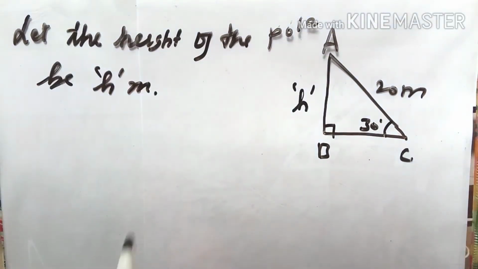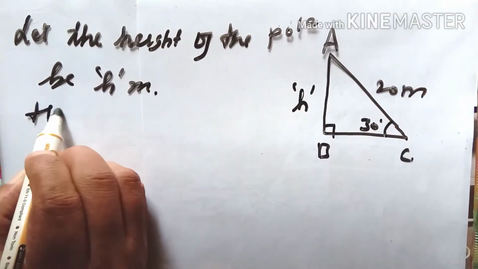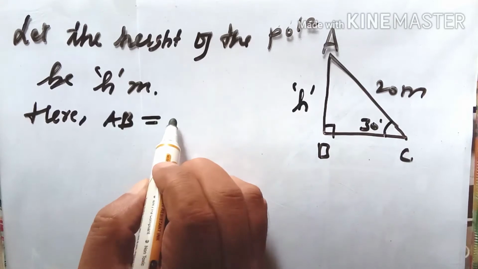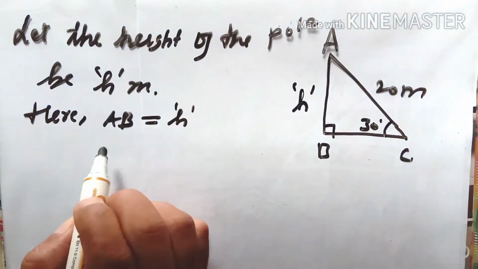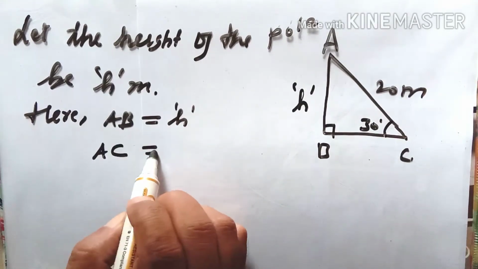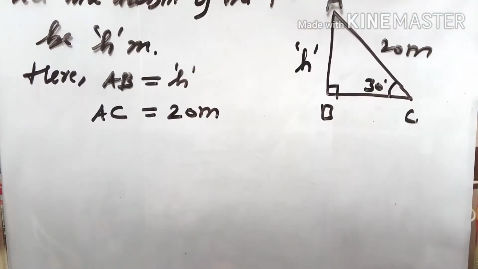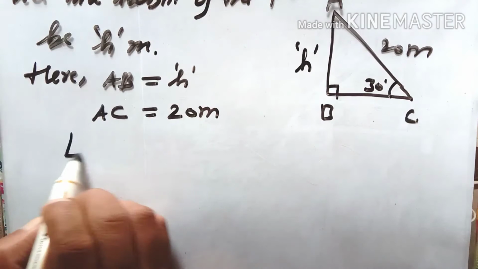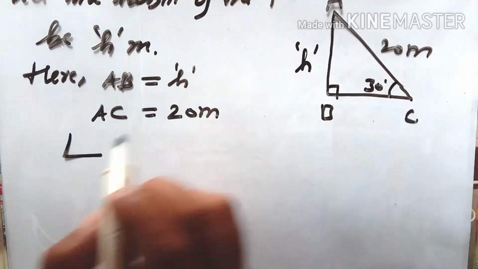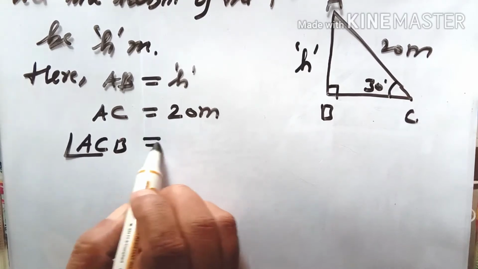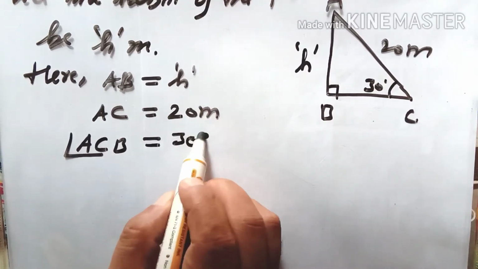So after that here AB, we know that AB the height of a pole is denoted by letter h, and AC the length of the rope we have known here 20 meter, followed by the angle, that is angle BCA, or it can be also taken ACB, which is equal to 30 degree.